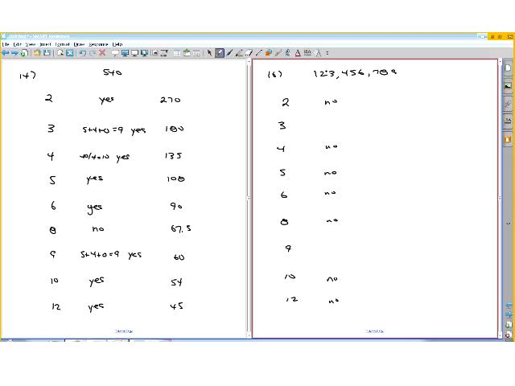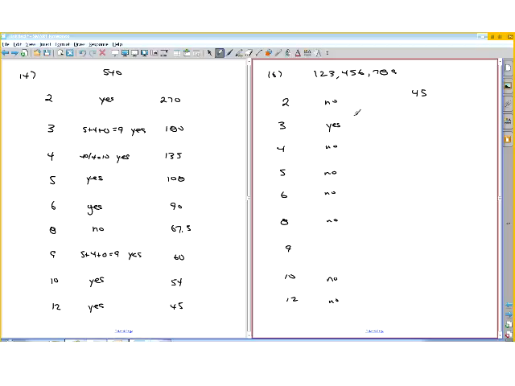So we have to add the digits together. 9 plus 8 is 17, plus 7 is 24, plus 6 is 30, 39, 42, 44, 45. So if we add all those numbers, we get 45. Is 45 divisible by 3?